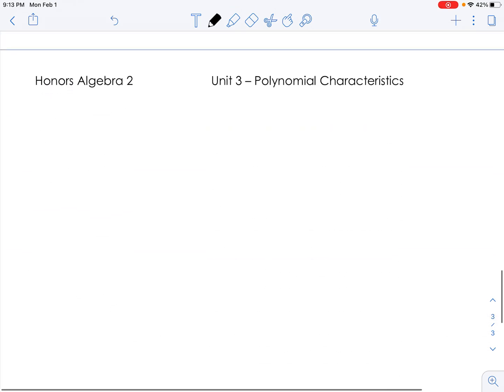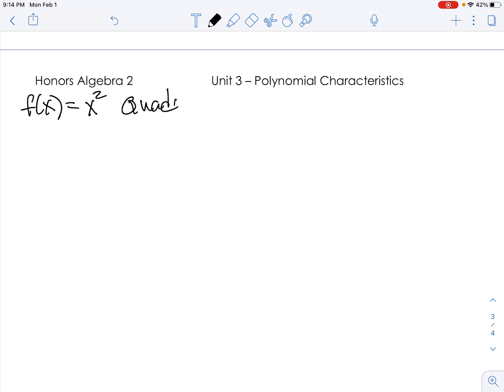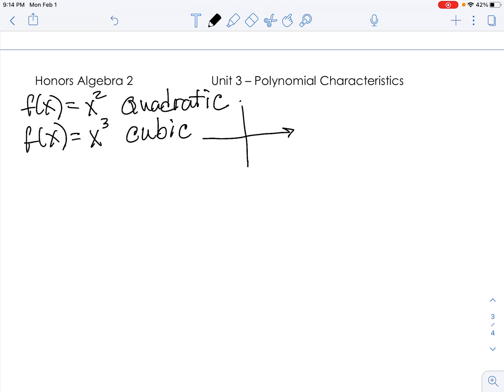All right, so let's go down here to our polynomial notes. And so we know that f of x equals x squared is quadratic. f of x equals x cubed was called the cubic function.